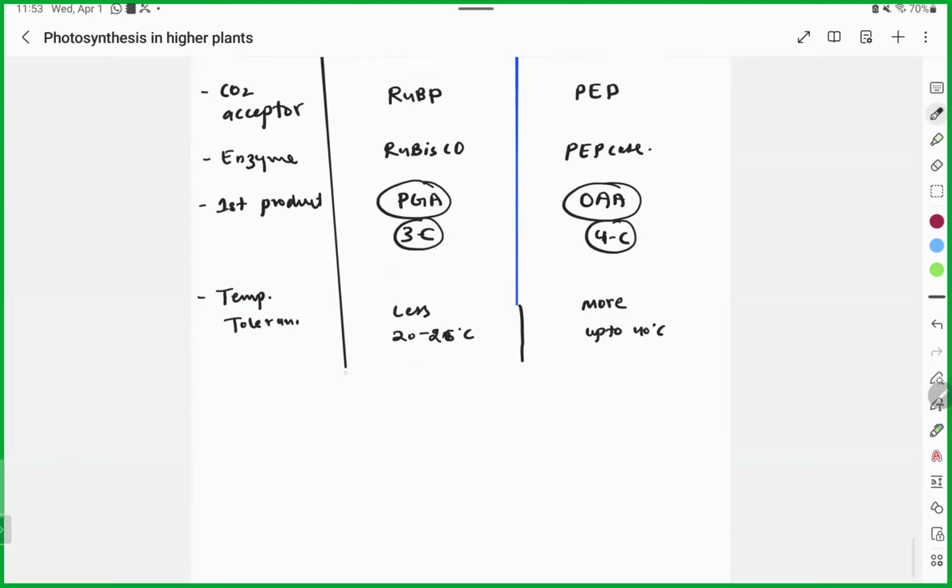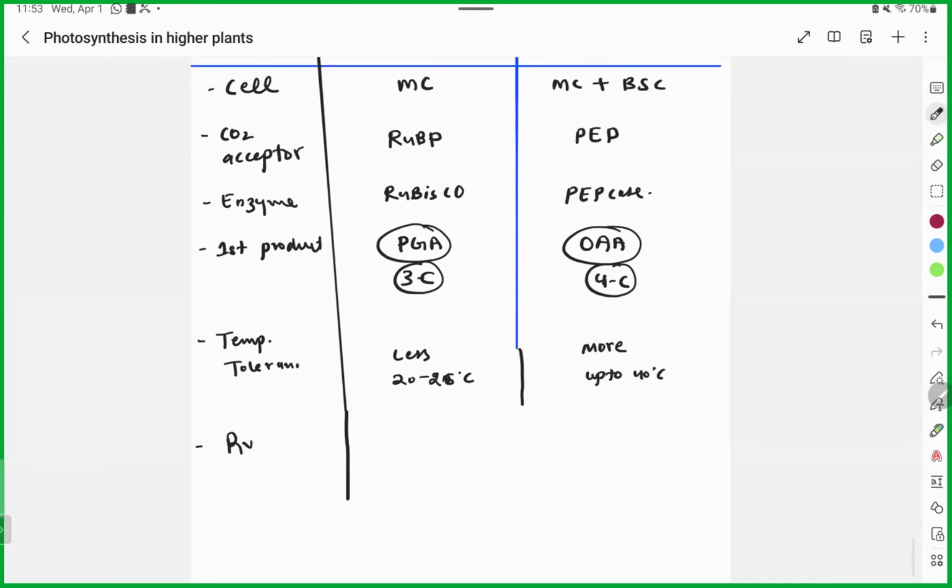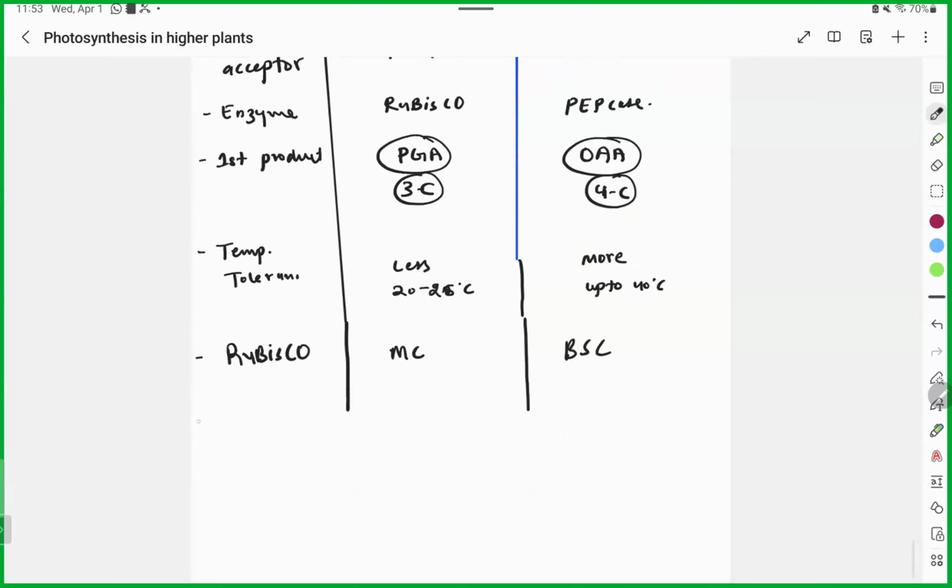So what else? If you take Rubisco, the Rubisco enzyme is present in the mesophyll cell in C3 plants and the bundle sheath cell in C4 plants. Correct? There is one very popular term, photorespiration, a kind of wasteful process.